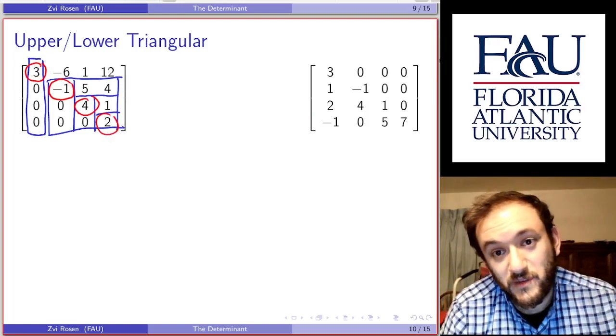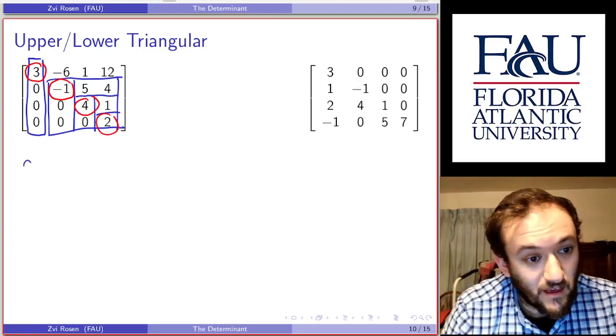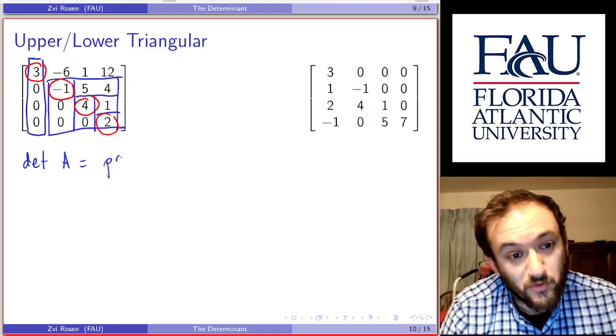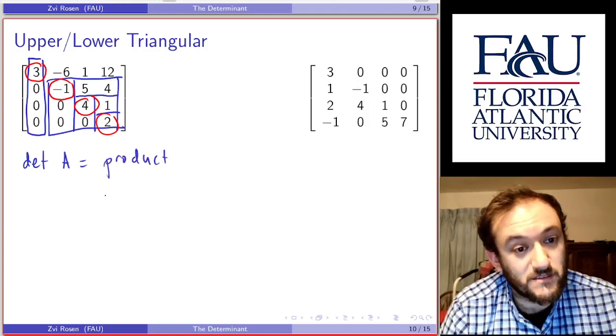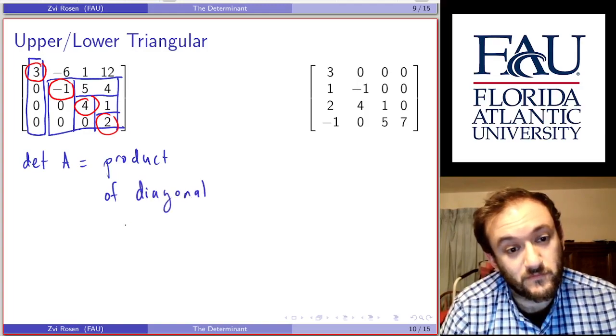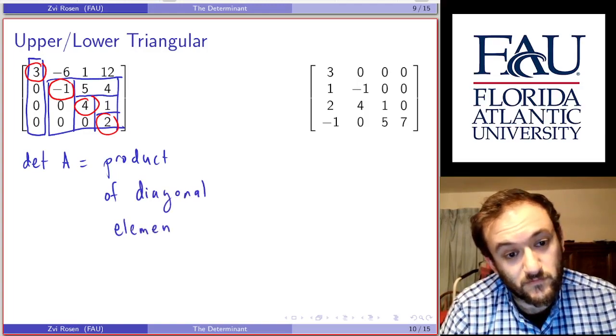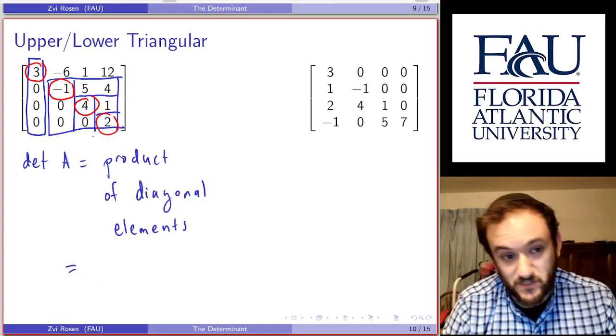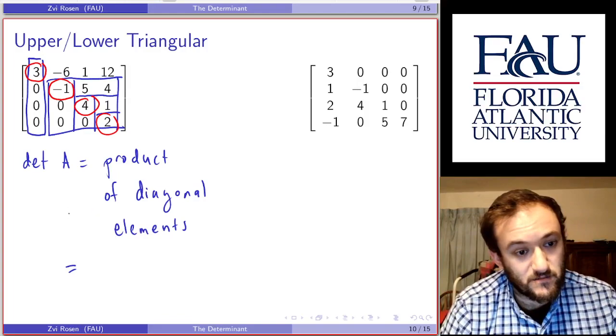And so the determinant of an upper triangular matrix ends up being the product of the diagonal elements. In this example, that's 3 times minus 1 times 4 times 2, which is minus 24.